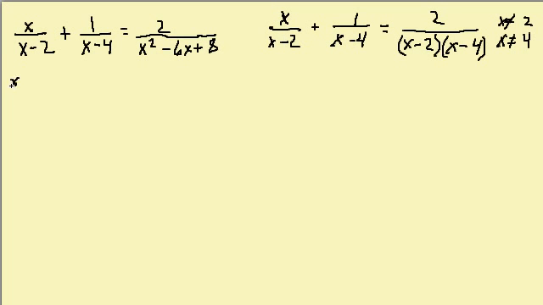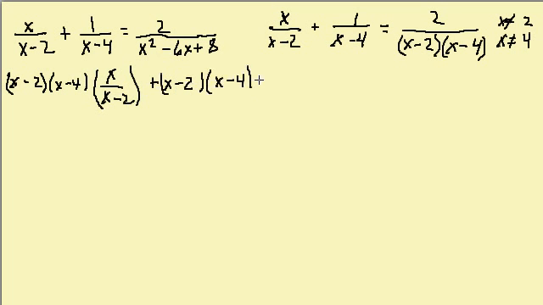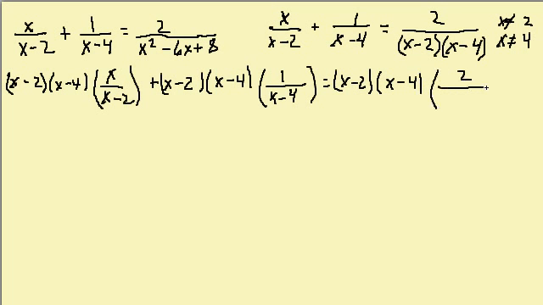So my common denominator is x minus 2 times x minus 4, times x over x minus 2, plus x minus 2 times x minus 4 times 1 over x minus 4, equals x minus 2 times x minus 4 times 2 over, I'm multiplying times this one, the one where I factored, x minus 2 times x minus 4.